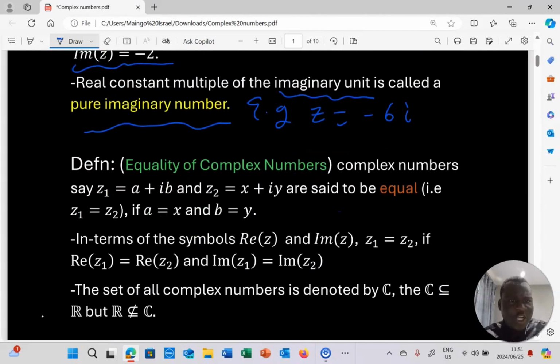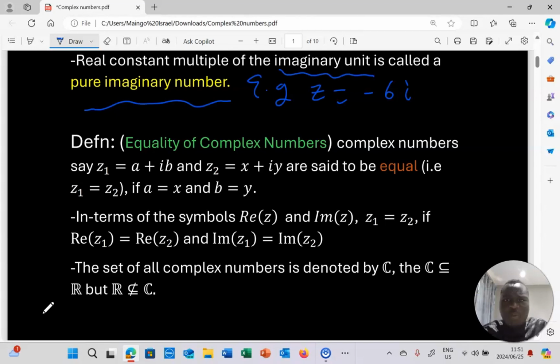Let's look at the second definition, the equality of complex numbers. When do we say two complex numbers are precisely equal? Let's say two complex numbers z1 equals a plus ib and z2 equals x plus iy.